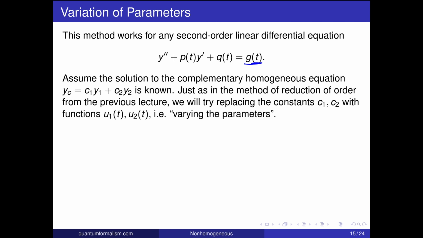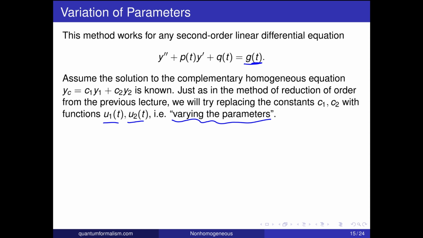All right, so assume you have the complementary homogeneous solution, and just like in reduction of order, our strategy is to replace these constants c1 and c2 with functions u1 of t, u2 of t. So we are varying the parameters c1, c2. We're replacing them with functions. That's where the name comes from. And just like in reduction of order, when we do this, we're going to get a lot of cancellation when we plug it into the left-hand side, right?